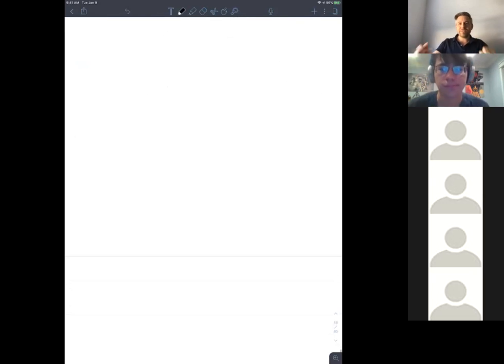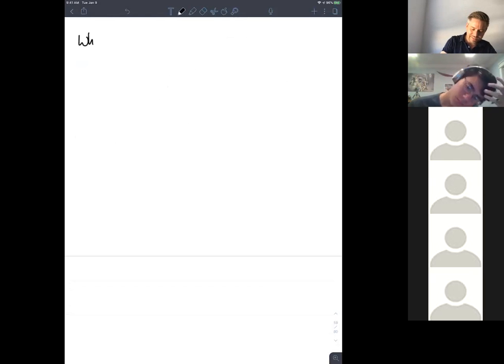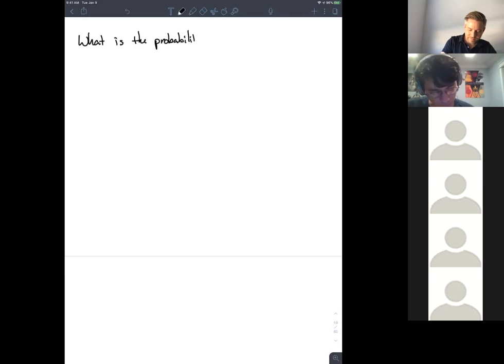Okay, so now let's answer the following question. What is the probability density? I'm going to call this probability density rho, and I'm going to call it rho of P1 for reasons which will become clear in a second.